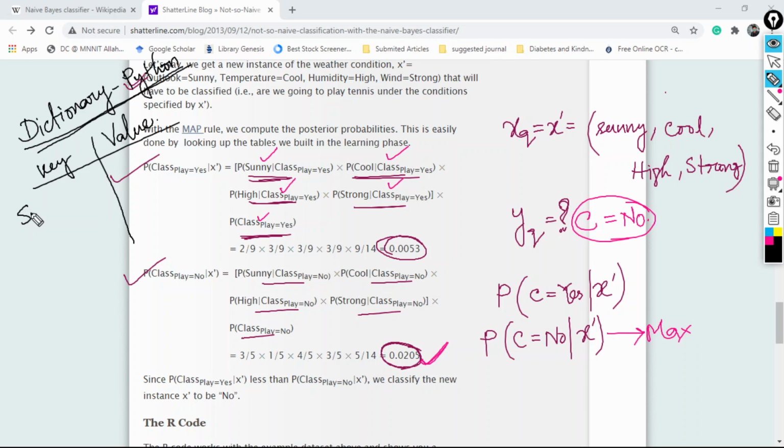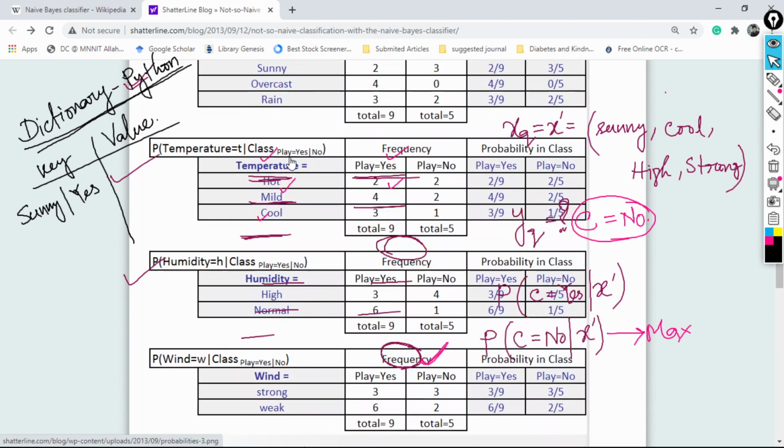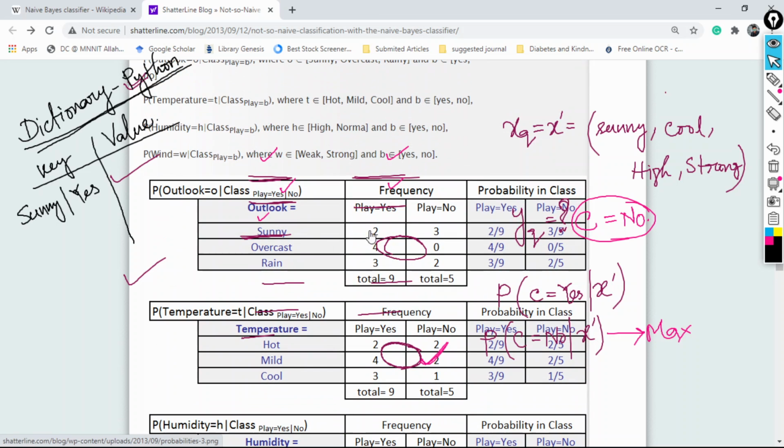I am storing this thing: Sunny of given class level yes. Suppose we get, for Sunny and yes, this one, 2 by 9. For example, we are taking this value 2 by 9.